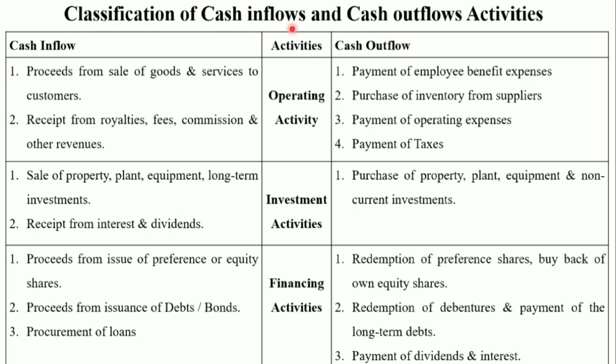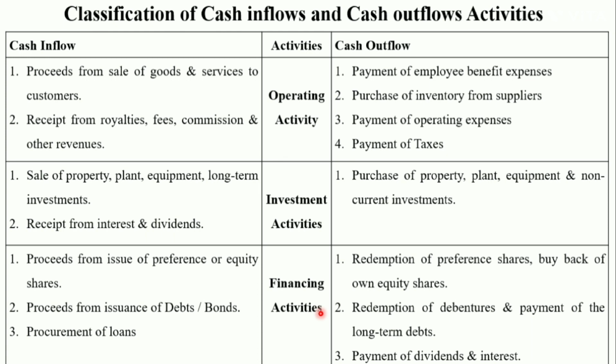As per Accounting Standard 3, these activities are classified as operating activity, investment activity and financial activity. These activities help the user of the cash flow statement to assess the impact of these activities on the financial position of an enterprise, business or firm, as well as on its cash and cash equivalents.